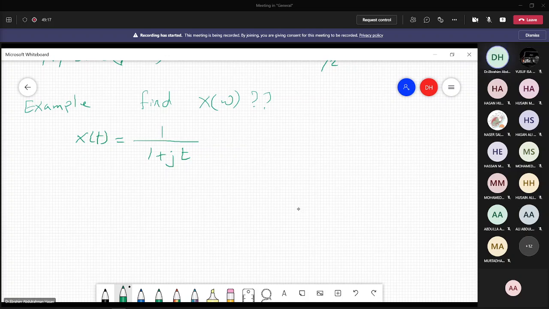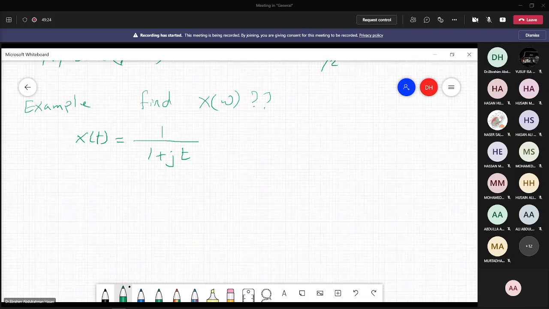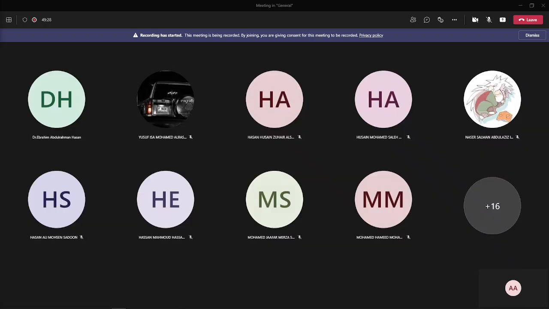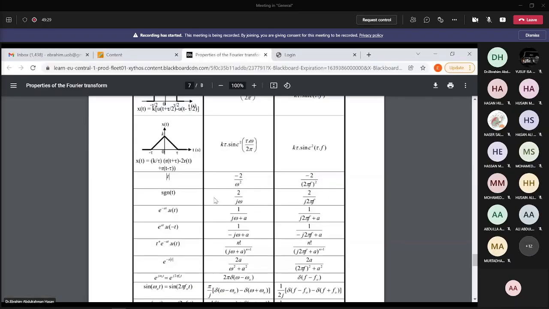Memorize this one. If it appears in the table here, e to the power of minus at u of t is equal to 1 over j omega plus a.